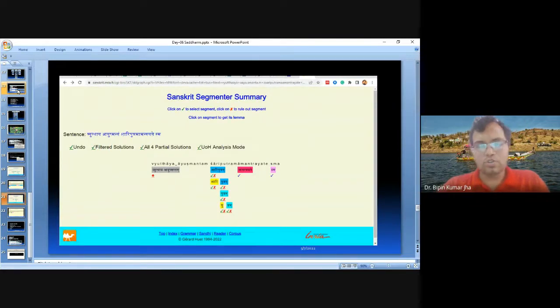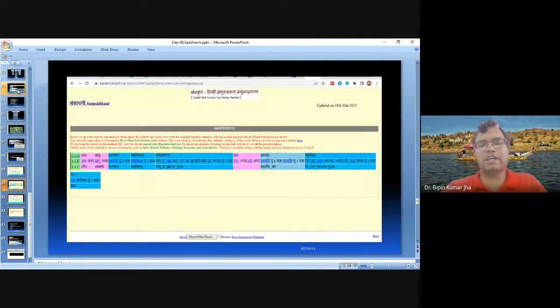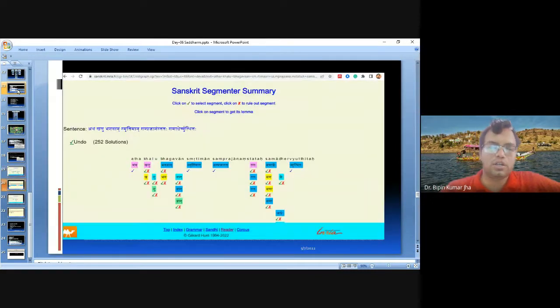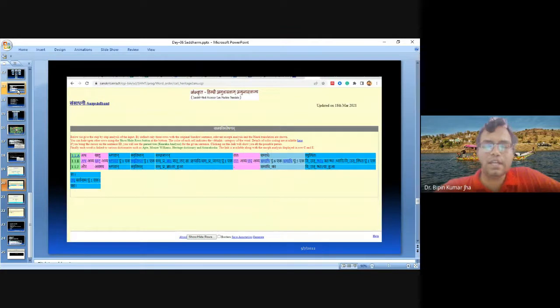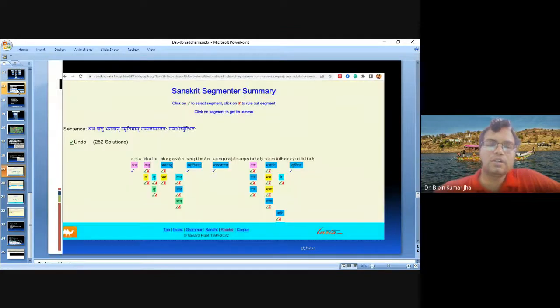Okay, so now in the first sentence, you need to note down that the term atha is indeclinable. Again, khalu is also indeclinable. Bhagavan is the term which gives the meaning of a great personality, or you can say God.